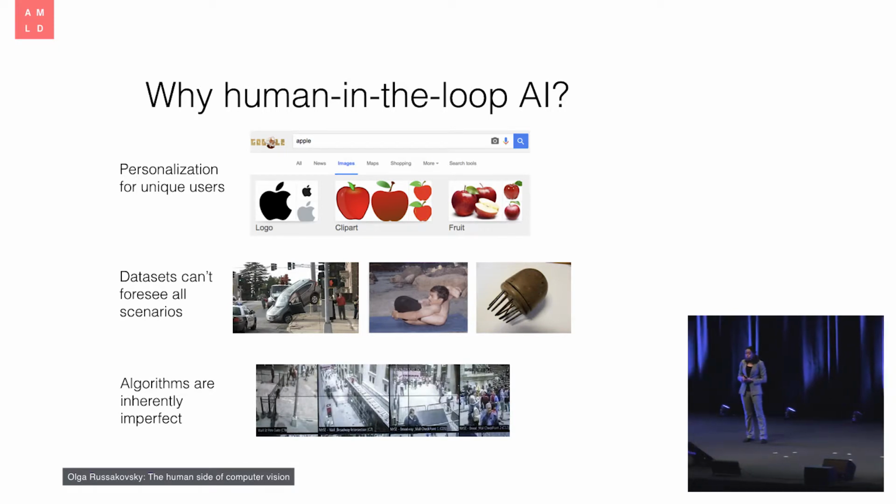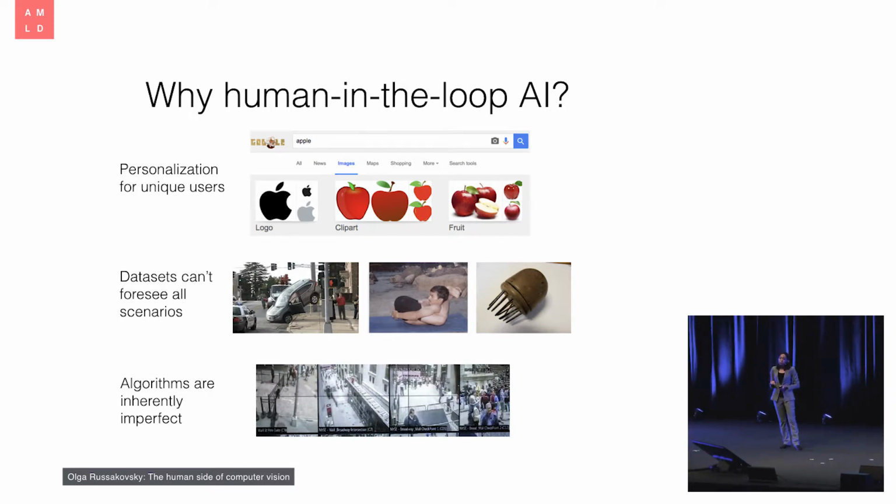And the third reason: datasets can't foresee all the scenarios, but also, even if they could, algorithms are inherently imperfect. Again, we are imperfect, AI is imperfect. If we wait to deploy these models in the real world until they're perfect, until they have 100% accuracy, that's not going to work. That's a really bad idea. And I also argue that that's actually never going to be the case.